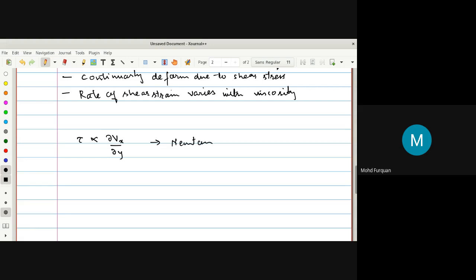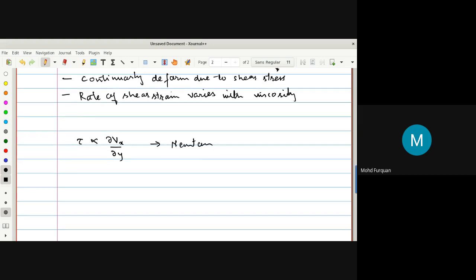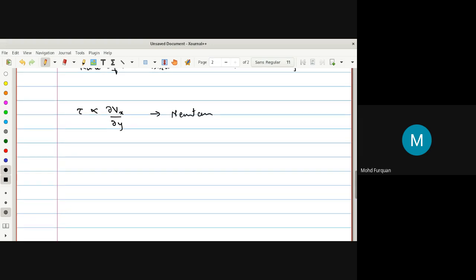So he did this for various liquids, and he found that you can write this with a proportionality constant mu, and this mu is called dynamic viscosity.